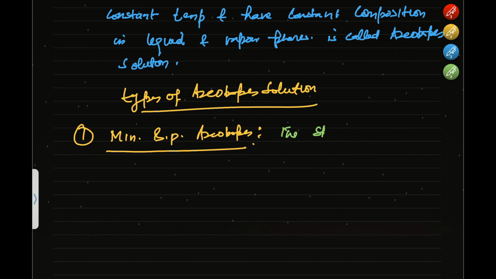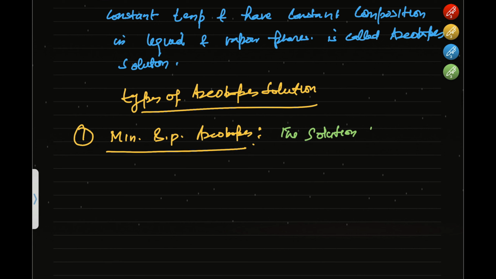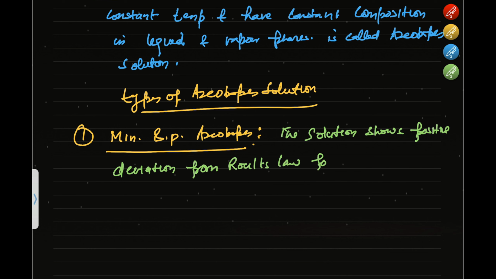The solution that shows positive deviation from Raoult's law forms minimum boiling point azeotropes.